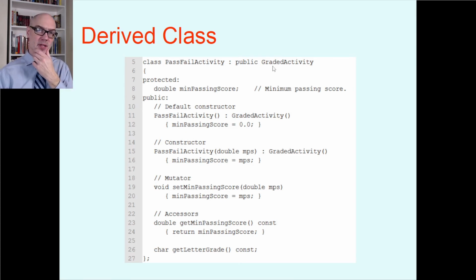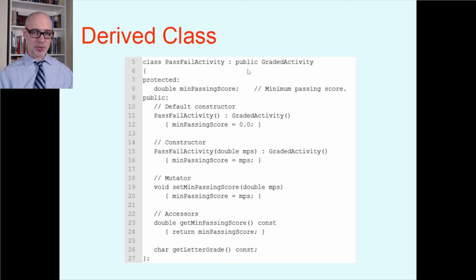Is a pass-fail activity a type of graded activity? Well, yes. A pass-fail activity is a graded activity. It definitely has a grade on it. So this makes sense conceptually to derive our new class based on that GradedActivity class.